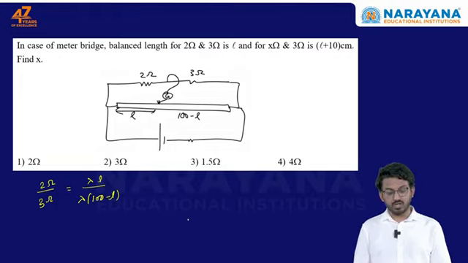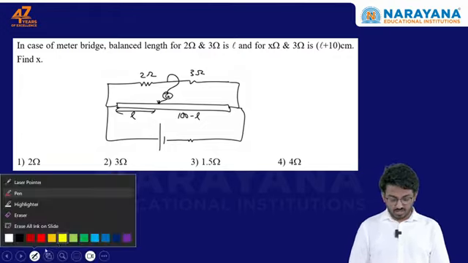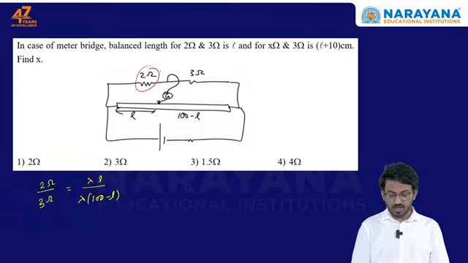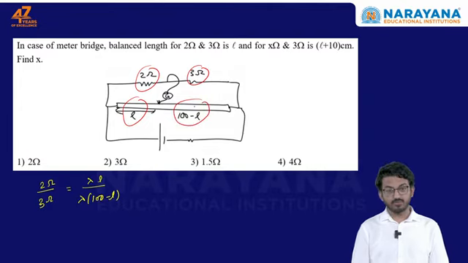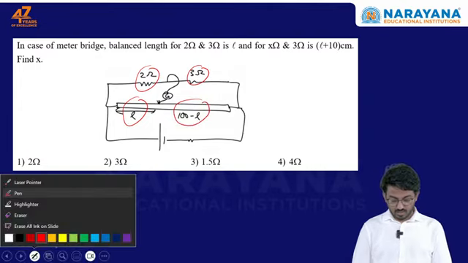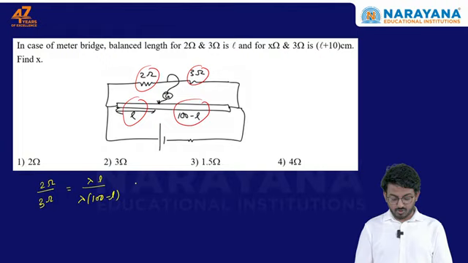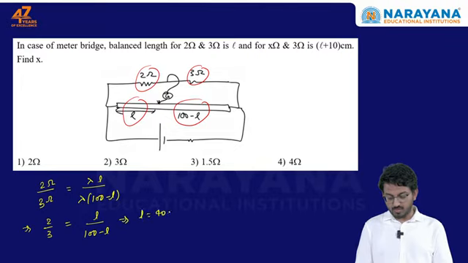So the ratio of resistance here and here is supposed to be equal to the ratio of resistance here and here. So if you solve this, we get 2 by 3 is equal to L over (100 minus L). This will give us L is equal to 40 centimeter.